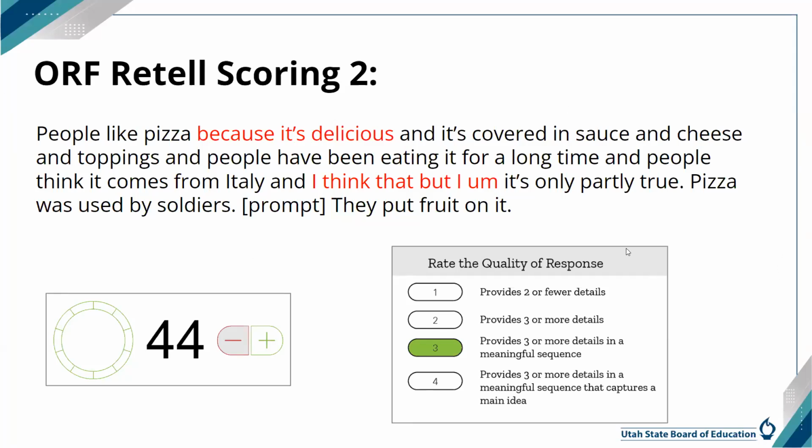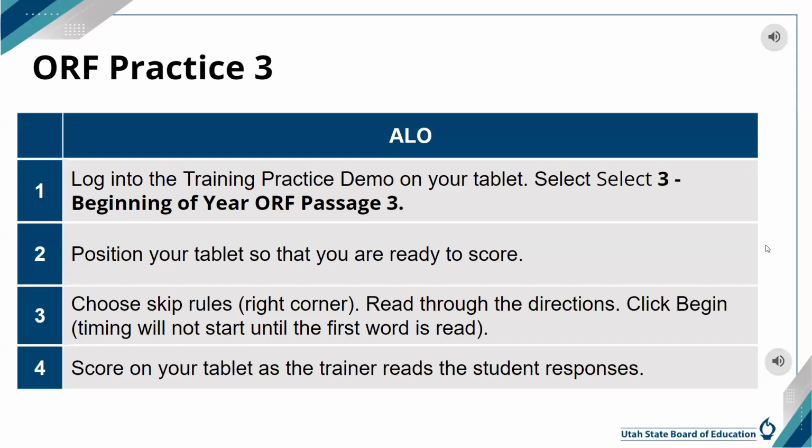And again, the written response here is just for you to think about, why is it a quality of response 3? What words possibly did I include or not include that would have impacted the overall word count for retell? Third grade, beginning of year or passage 3.